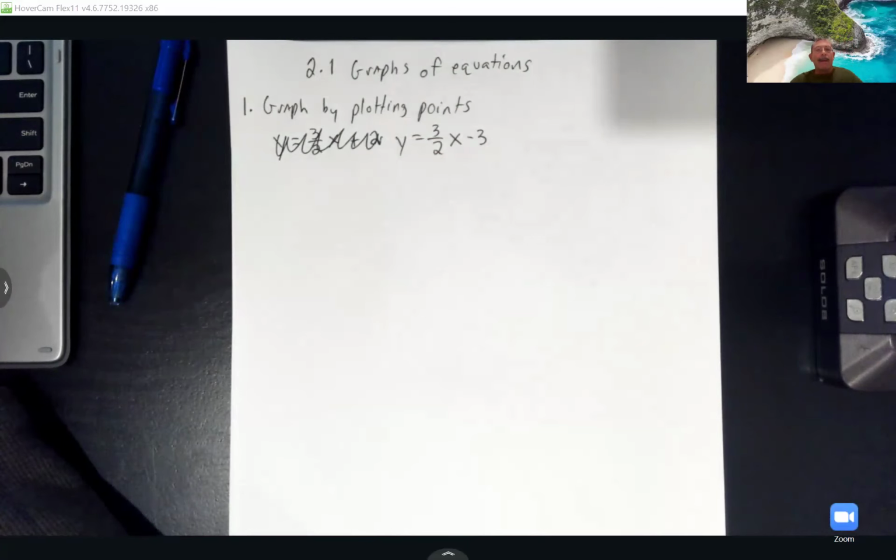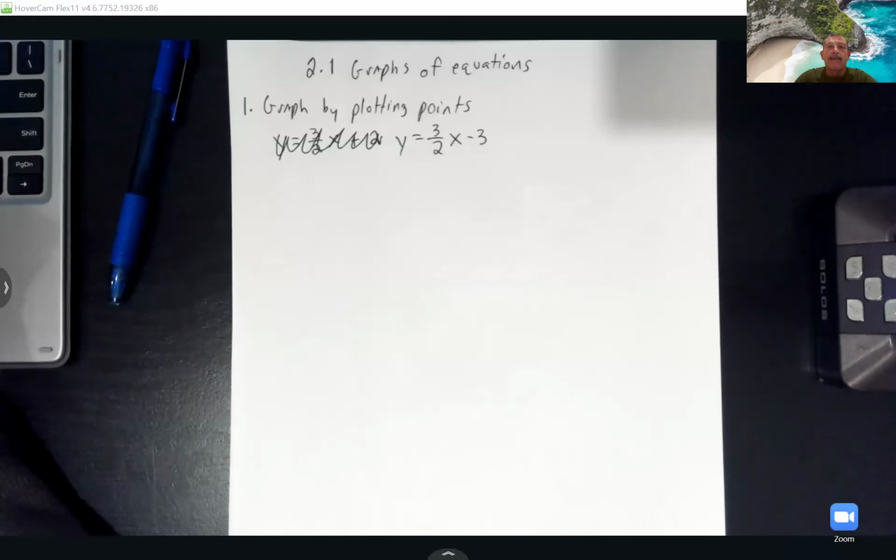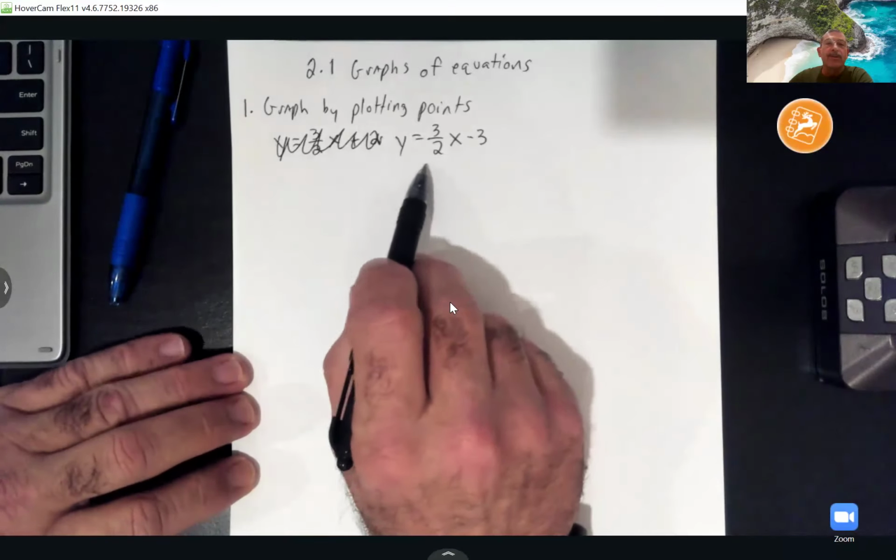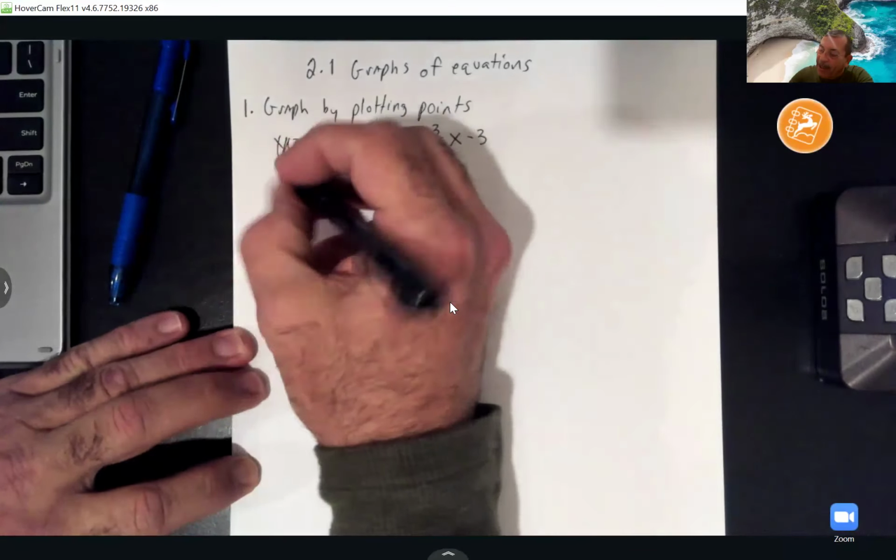Okay, so I'm going to use this problem that was in the book so I can show you how to graph it in there. And also y equals 3/2 x minus 3.